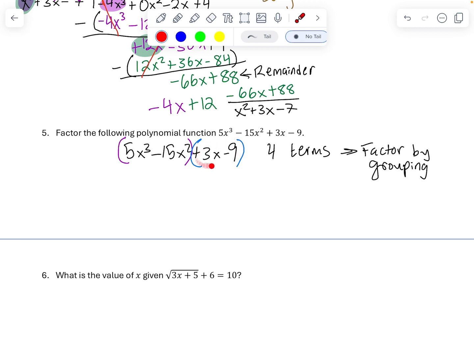So I'm going to completely ignore this 3x minus 9 for now. I only care about the 5x cubed minus 15x squared. Okay, I'm trying to find my greatest common factor. I'm trying to find out what I can pull out of both of these things. And I notice that both of my numbers, I have a 5 and a 15, both of those numbers are divisible by 5. So I'm going to divide both of those numbers by a 5. Okay, I also notice that both of these terms have some sort of an x attached to them.